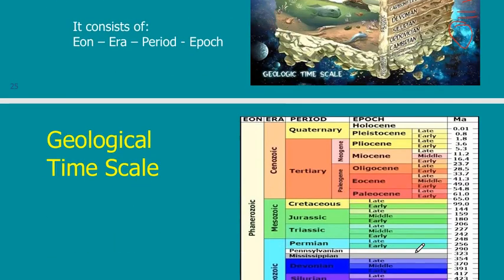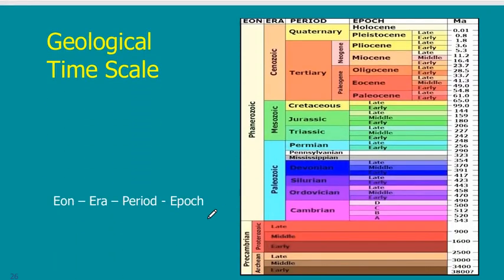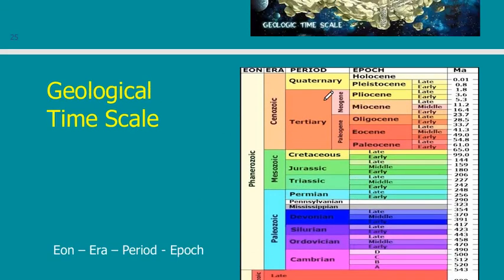So this is what a geologic time scale is. It is this shape. Geologists divided the geologic time scale into Aeon, era, period, and epoch. These are just definitions for time zones. Aeon is the biggest time zone. This Aeon is divided into eras, eras are divided into periods, periods are divided into epochs, and so on.